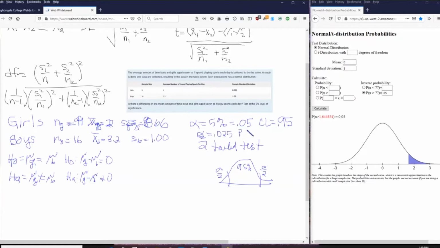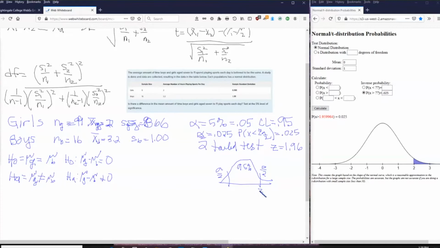And then if I want to find my z of alpha over 2, we're going to set that equal to 0.025. And that's going to give me a z-score for when I have a two-tailed test. It's going to be 1.96.